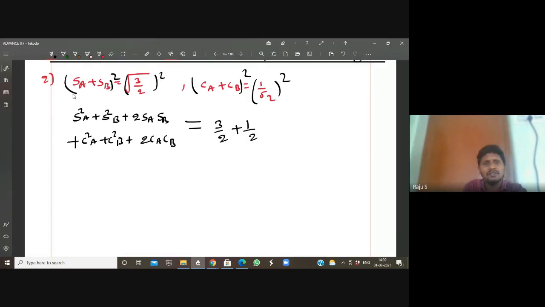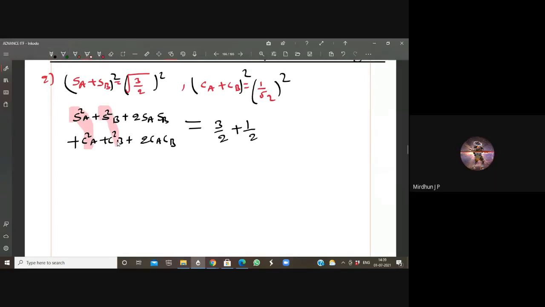So on the left side, when we add, what about sin square A plus cos square A, and 2 sin A sin B plus 2 cos A cos B?